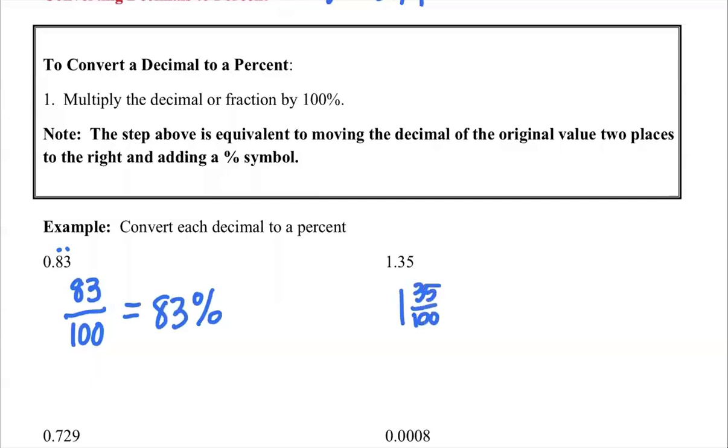That's 135%. I'm going to note here this moves the decimal 2 to the right. We're multiplying by 100%.